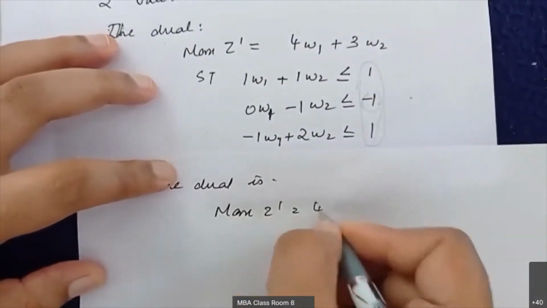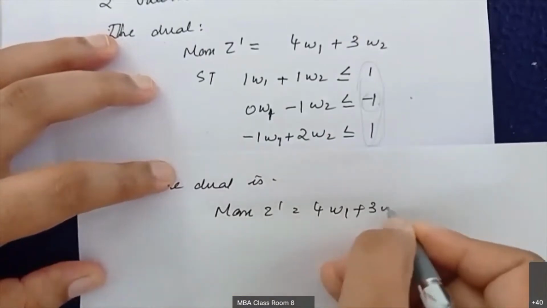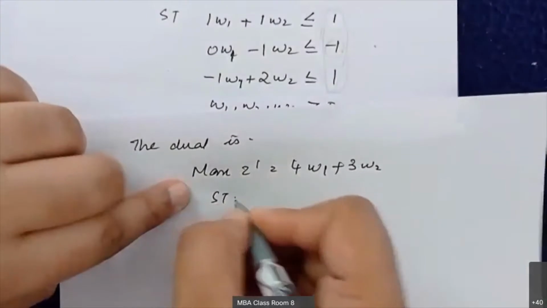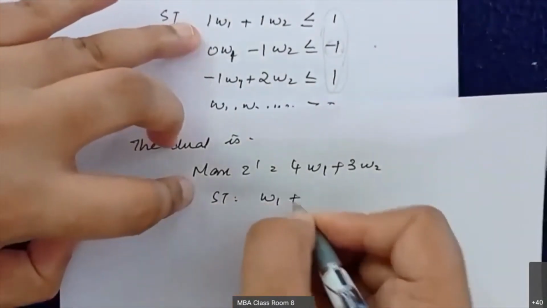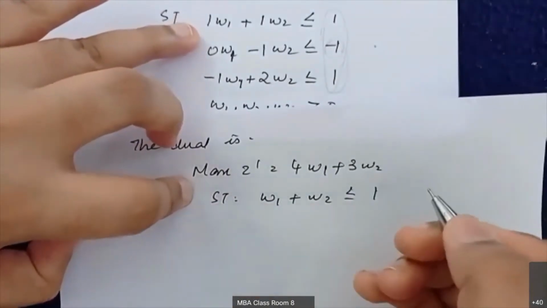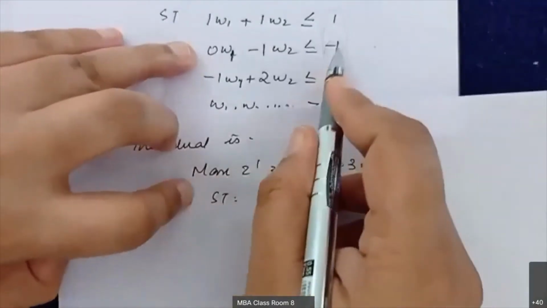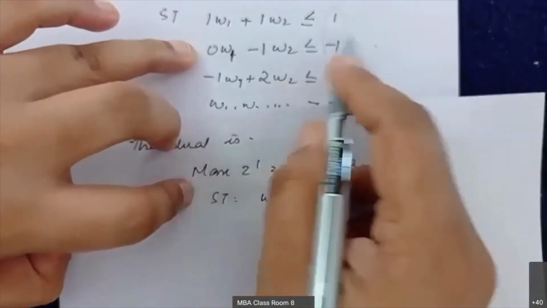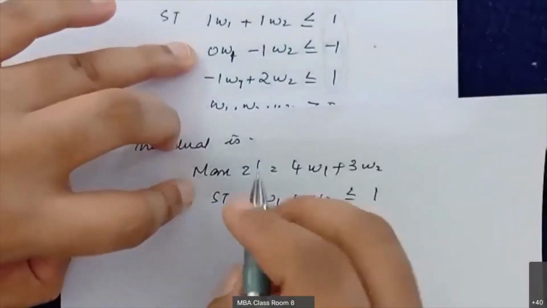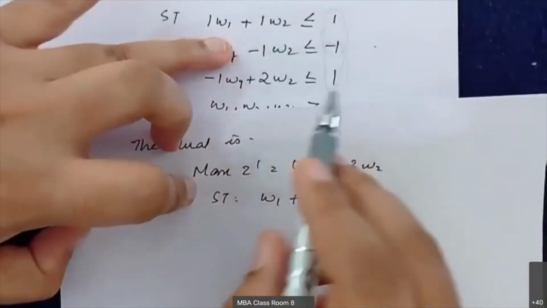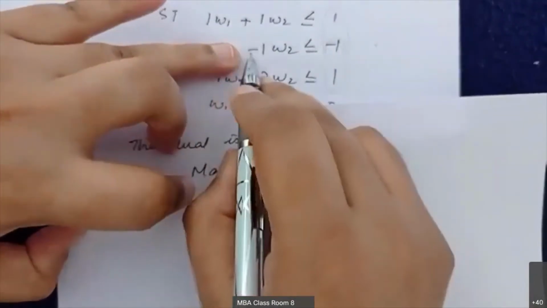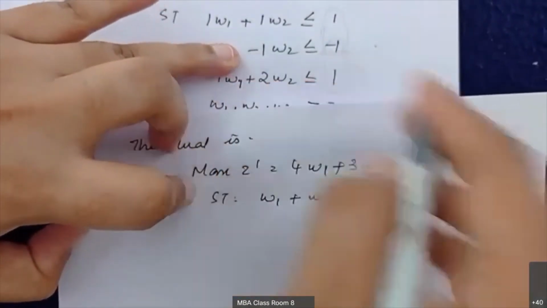Maximization of z dash is equal to 4w1 plus 3w2. Okay, subject to, the first constraint will remain the same, w1 plus w2 less than or equal to 1. Second constraint, we have a -1 in the constraint. So before using the simplex table, we have to convert this into +1. Okay, so multiply on both sides with -1. Here it is already 0 w1, so I'll ignore it. Minus of minus, it will be plus w2.